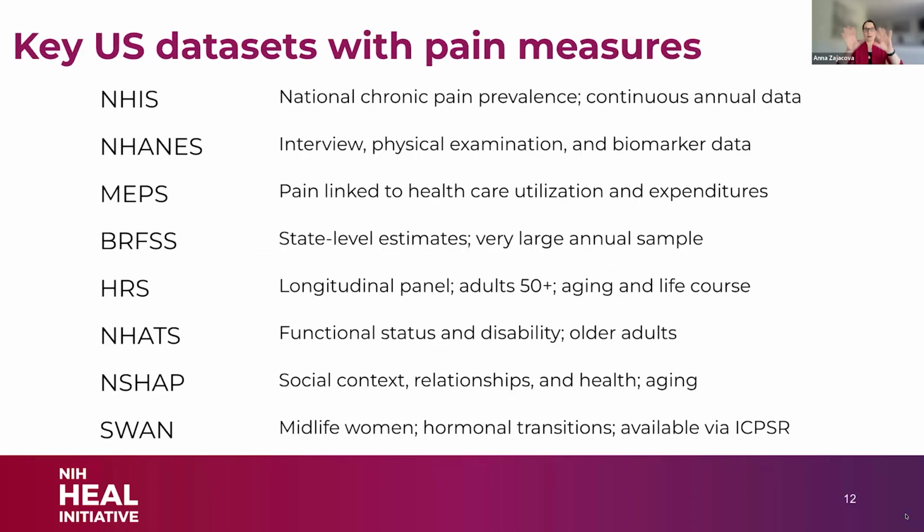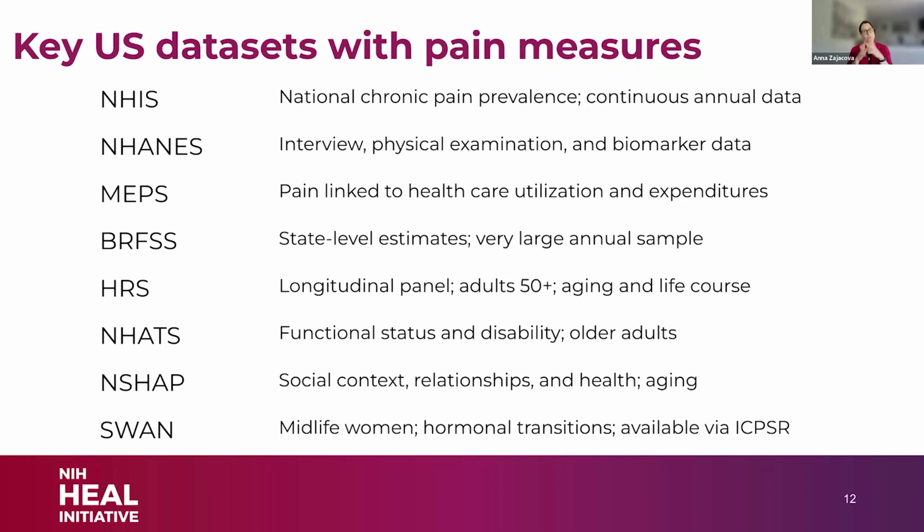So please, I'm not going to go into the detail here. The point of this slide is to just say there are a lot of US data sets. These are all national US data sets that have some pain measures. I started with the National Health Interview Survey. That's the top one, which is an annual cross-sectional study, which is considered the gold standard for pain surveillance in the US population. But there are many others.